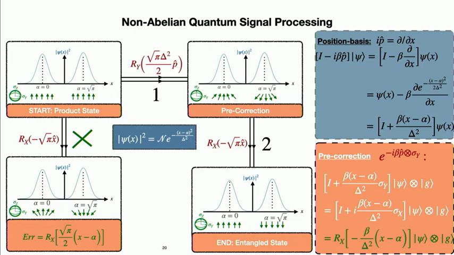To appreciate how good non-abelian quantum signal processing is, I will tell you how many conditional displacements or momentum boosts I would have required if I were just using conditional displacements or just conditional momentum boosts. So it's not non-abelian, it's just continuous variable quantum signal processing, where theta can just be a function of x or just be a function of p. In that case, I can use the most optimal pulse that they have in QSP right now for 90-degree rotations.